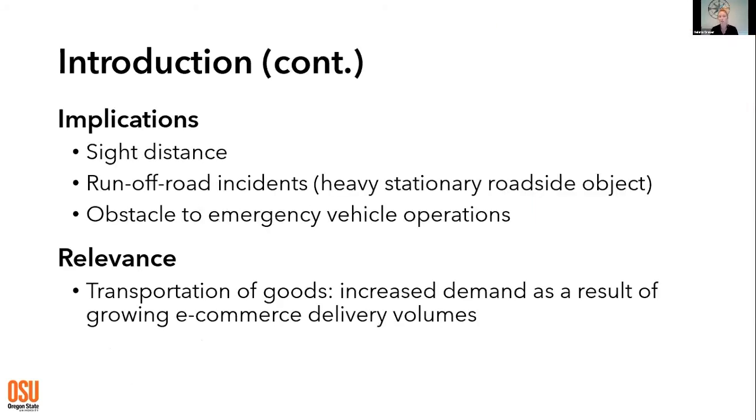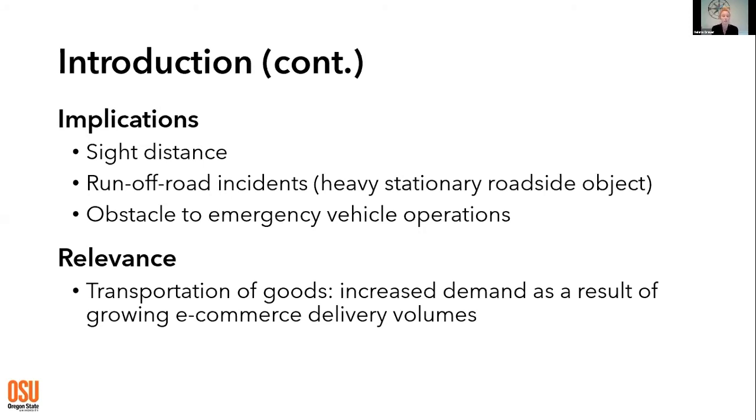So what are the implications of these heavy vehicles parking on the interstate and side of the roadways? First would be sight distance. This hinders the sight distance of any surrounding or nearby driver. Next, these vehicles act as a roadside object, so in the event of a run off the road accident, the injury severity of hitting a heavy vehicle increases.